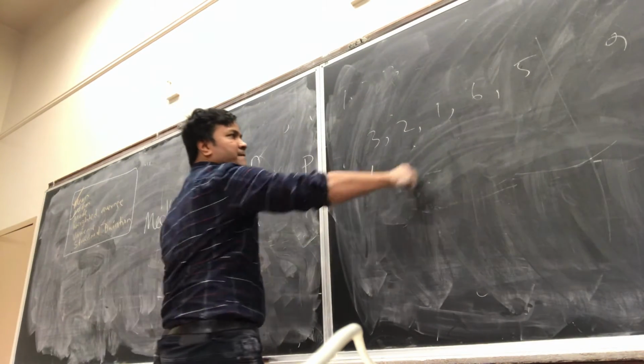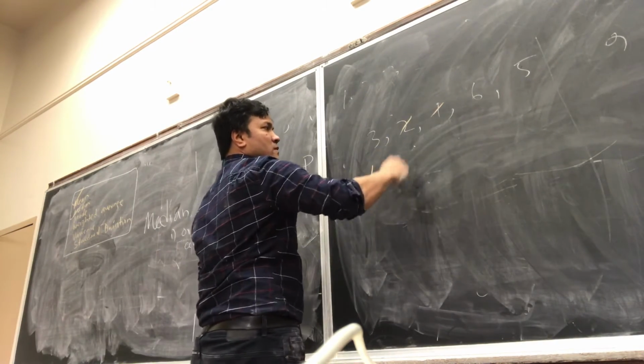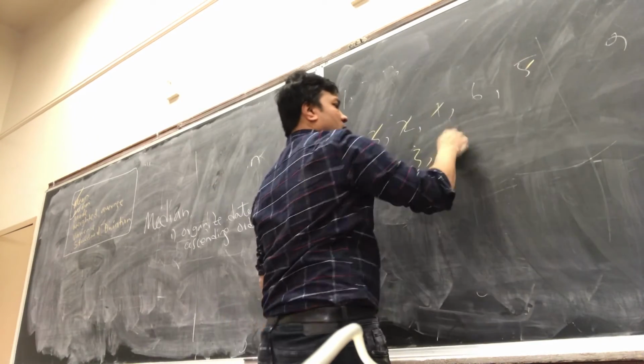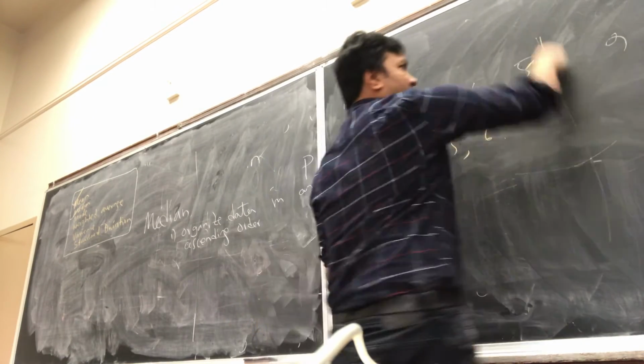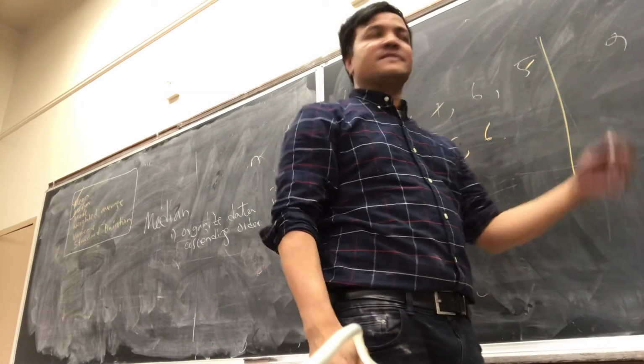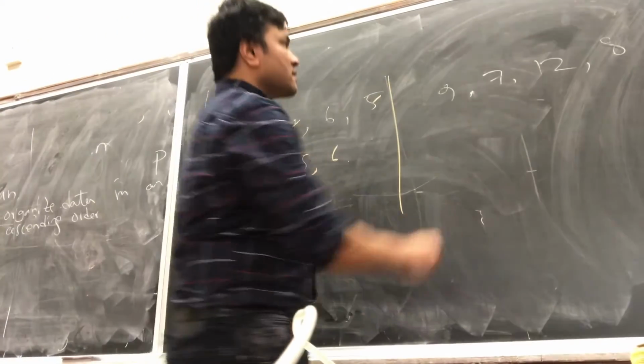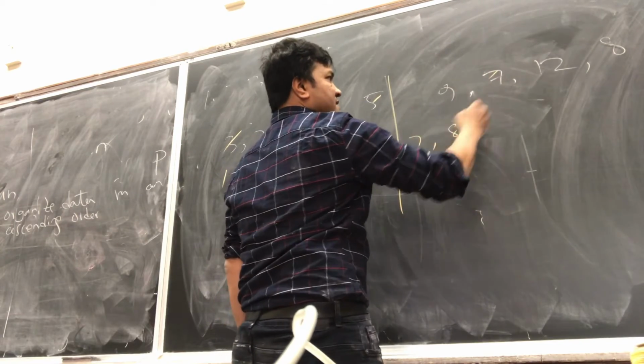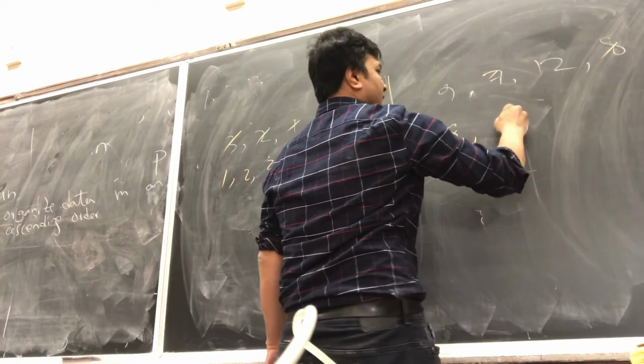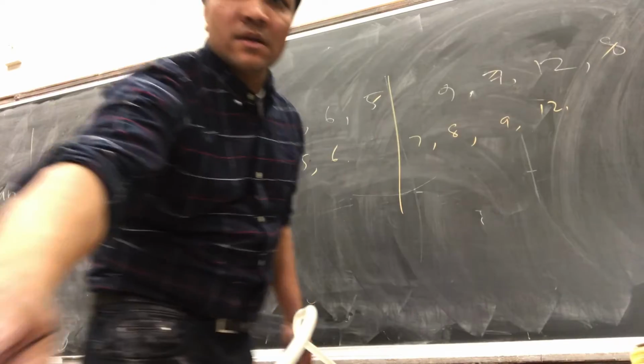What is it? 1, 2, 3, 5, 6. Okay. Now let's do this one. Organize it: 7, 8, 9, and 12. Right? Okay.